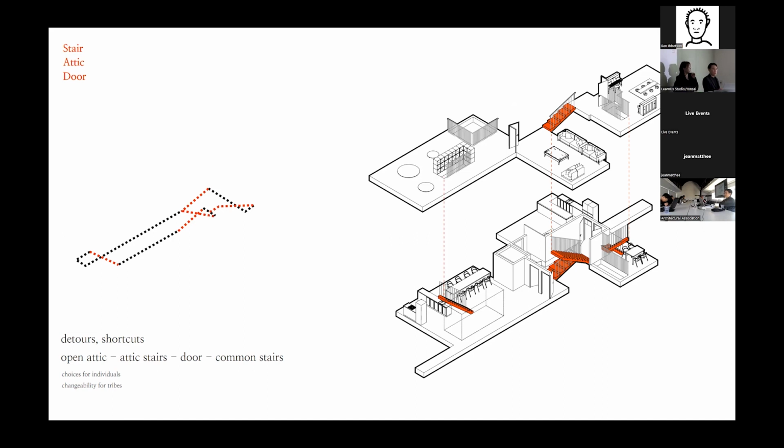So there's a choice you can have when you access these attic floors. And for the tribe, they can close this door when they want to use their living room or private use. Then the changeability can be achieved by doing that. So this is the set for us to think about actual choices for individuals and changeability for tribes.